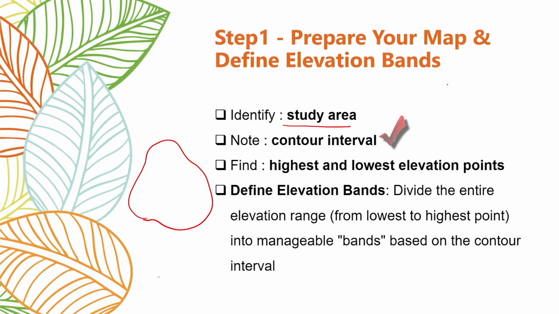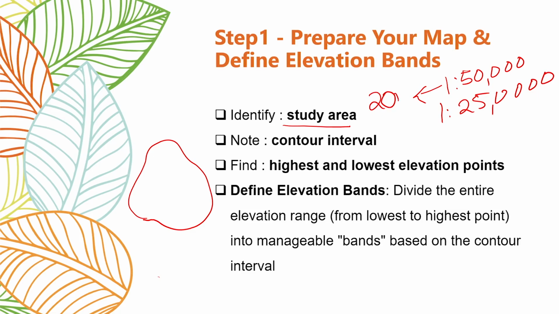In most cases, we will be using a topo sheet that is a 1:50,000 scale, and in some cases, you might end up with a 1:250,000 scale. For 1:50,000 topo sheets, the contour intervals are usually 20 meters.